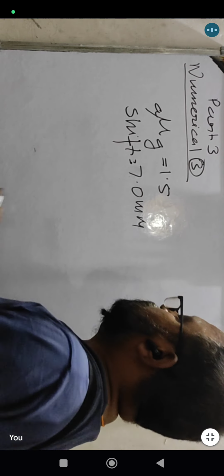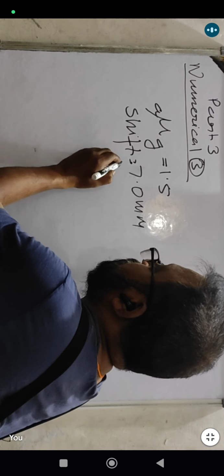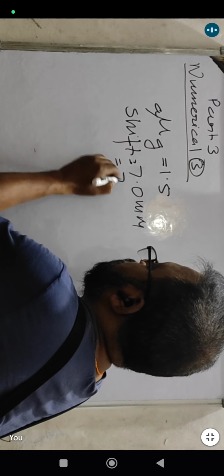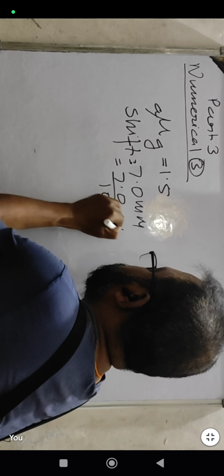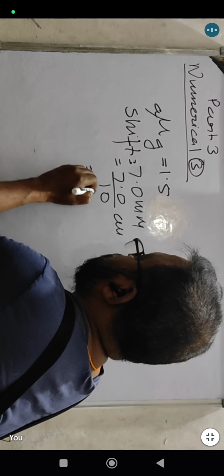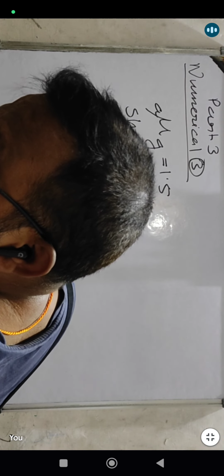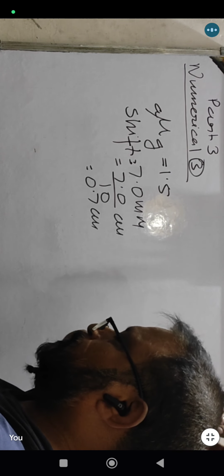Right, so we bring it into centimeters. So 7 divided by 10, it becomes 0.7 centimeter shift. So calculate the thickness of the glass slab.